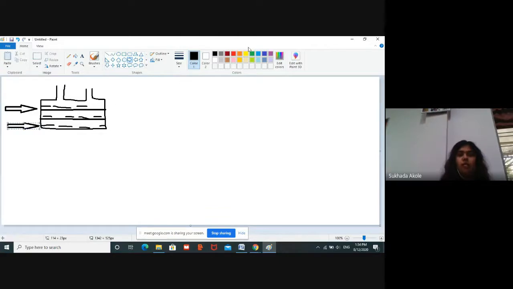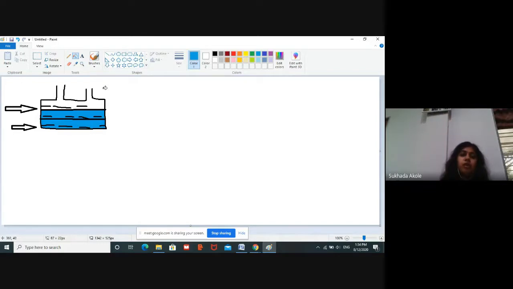Now, when I add my substrate parallel to these membranes, there will be mixing. I have added it to separate chambers, and these straight lines are also a different kind of filters.